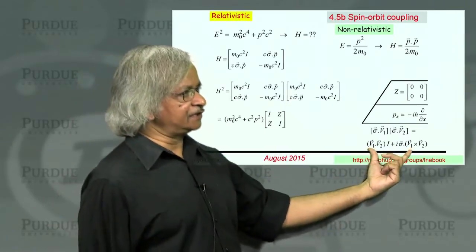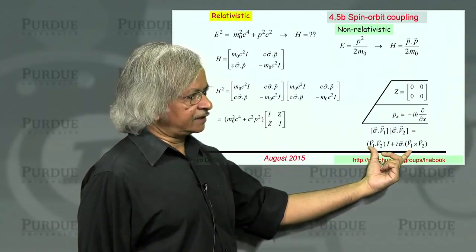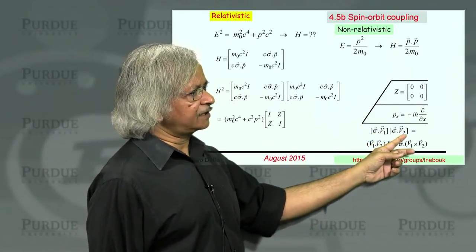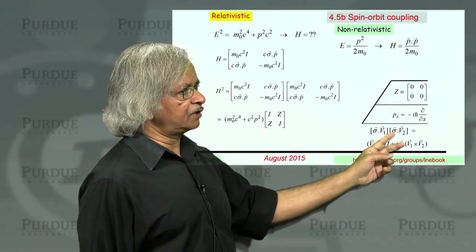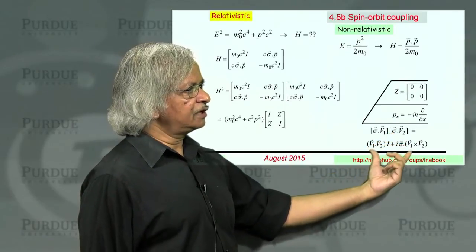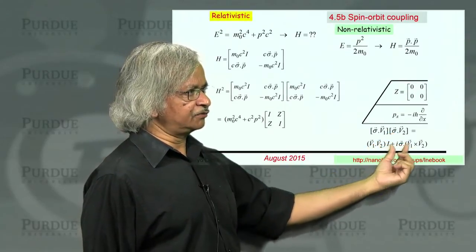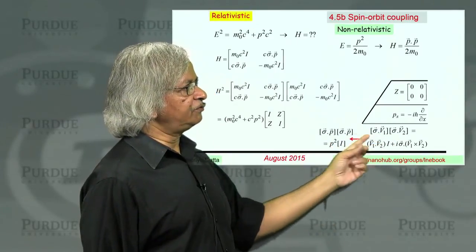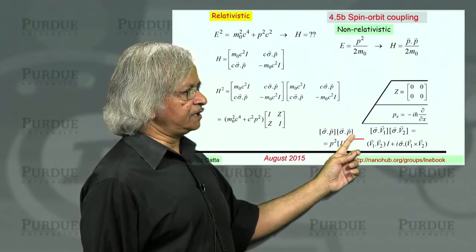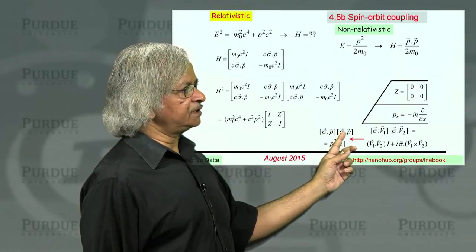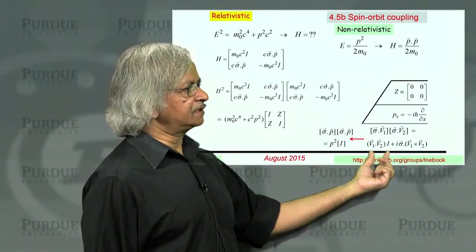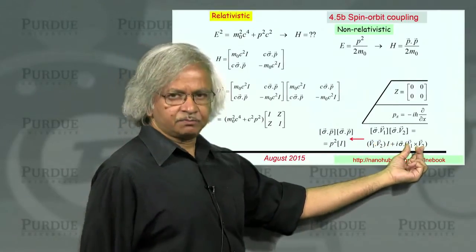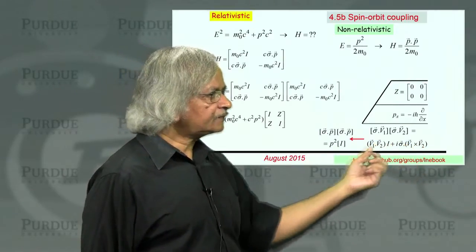and that's where you have to make use of this identity that I believe I've stated earlier, that for any vector v, sigma dot v1 times sigma dot v2 can be written as the sum of these two terms. In this case, if v1 and v2 are both this operator p, then sigma dot p times sigma dot p becomes p dot p, which is p square I, and p cross p, which is 0.